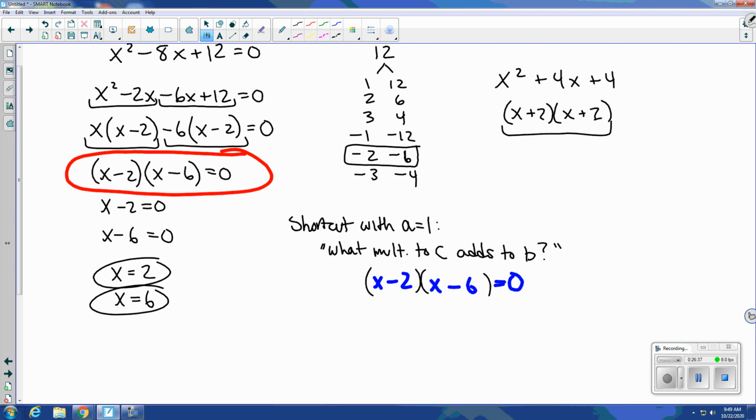If you had to solve it, you would break it down into 2 sub-equations and solve those. But that's the shortcut when a is equal to 1. If a is not equal to 1, you have to use that grouping technique or that split the middle technique that is shown there. So that's a shortcut if you want to try.